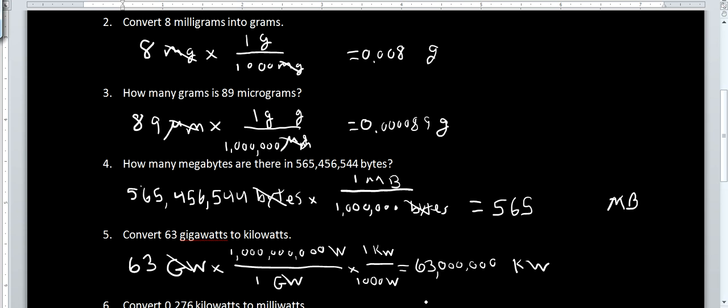And another way to write this is to express it in scientific notation, which is 6.3 times 10 to the 7th. I get 7th because I have to move the decimal point over 1, 2, 3, 4, 5, 6, 7 places. Kilowatts.